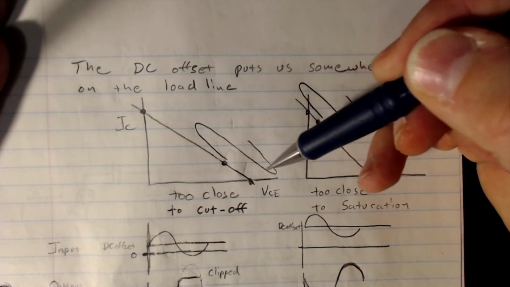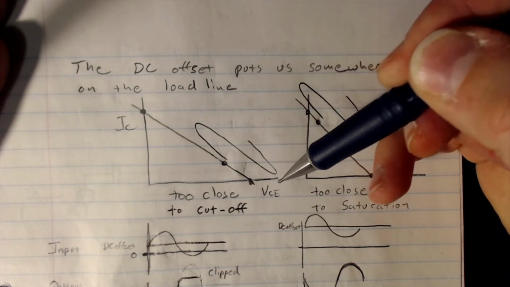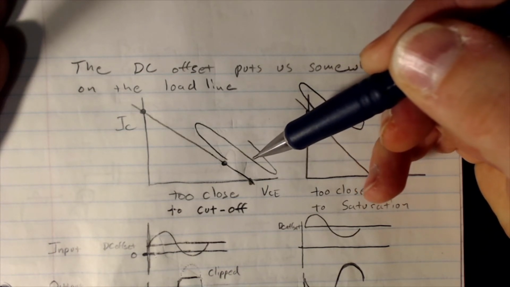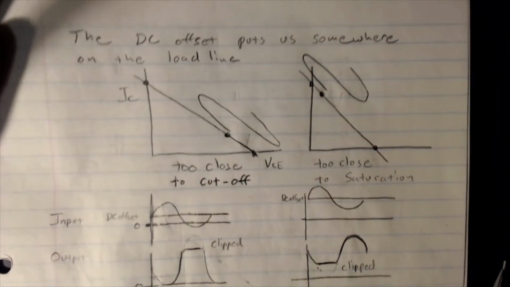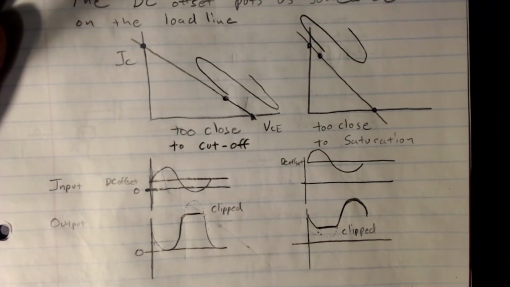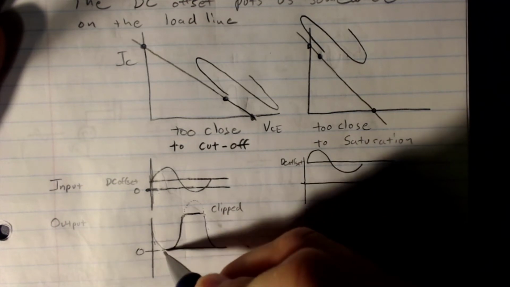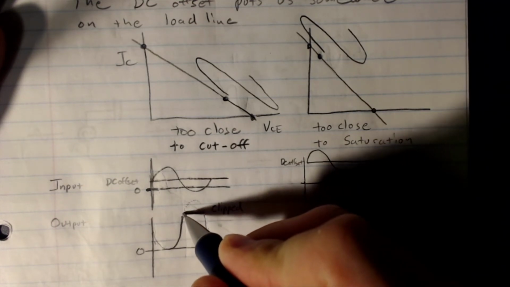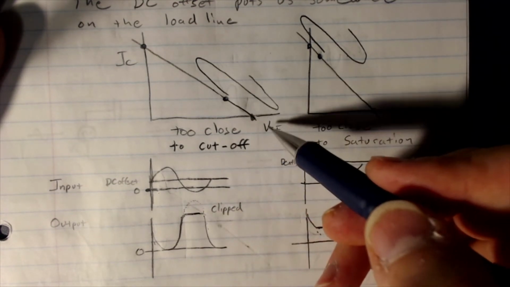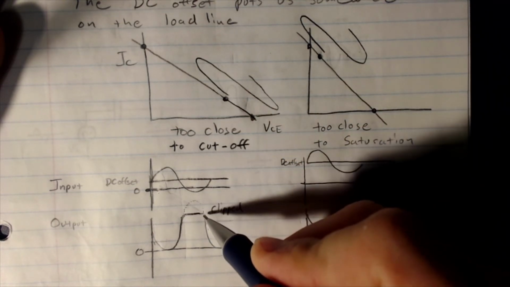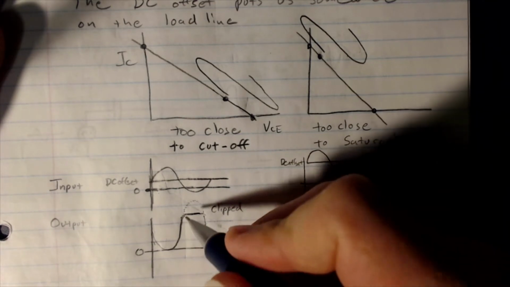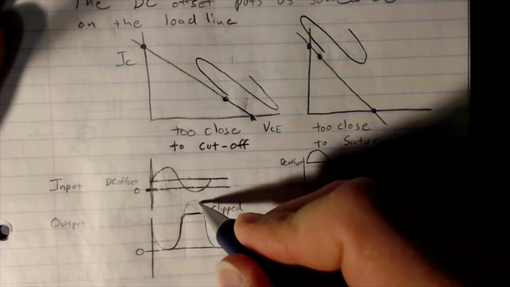However, it doesn't have much room to go down. So we end up losing part of our signal. And remember, we are inverted, so as we get closer to cutoff, it means we can't go as high for VCE. So our signal gets clipped over here.